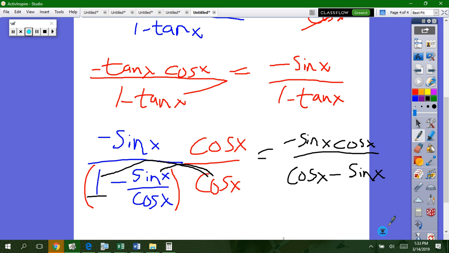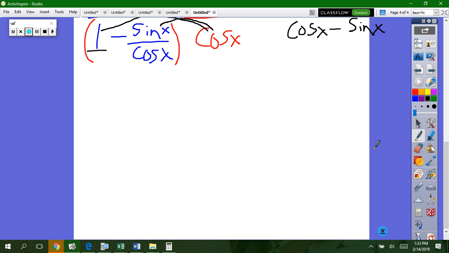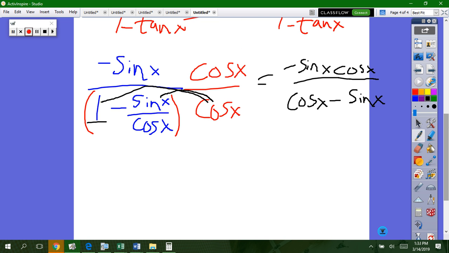Okay, so ladies and gentlemen, that's not the same. They don't like negative sign on top, do they? They had just regular sine cosine, didn't they? I wonder how I can make a negative into a positive. Times by what? And if I do it to the top, I got to do it to the bottom.